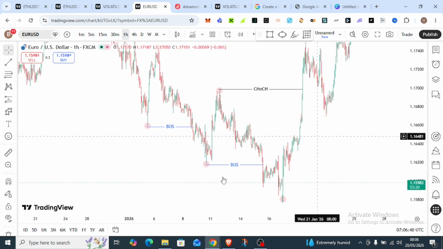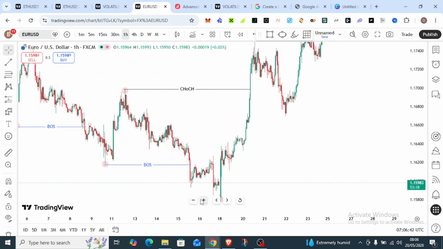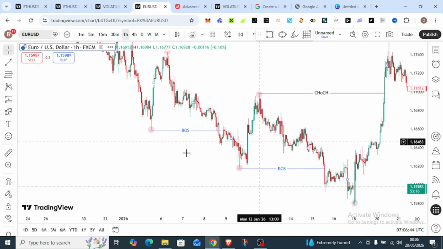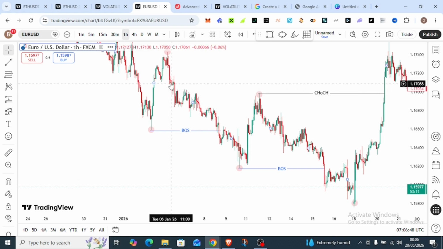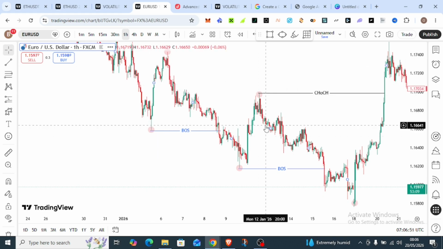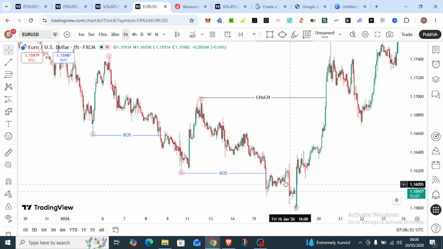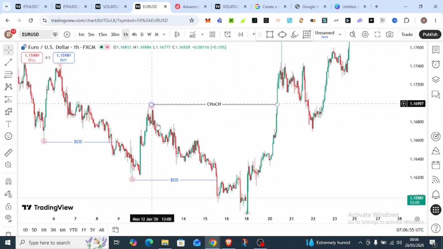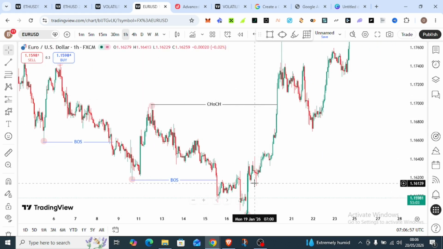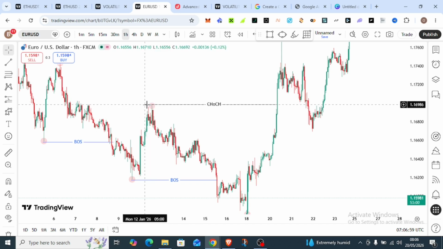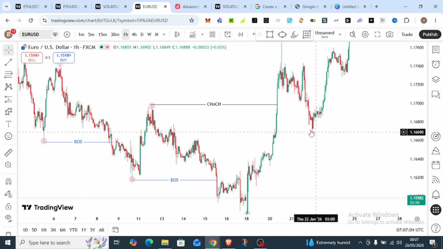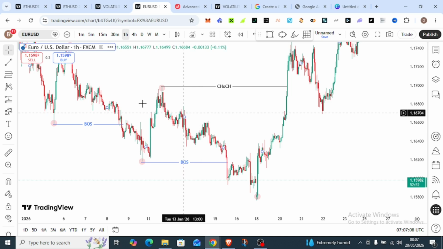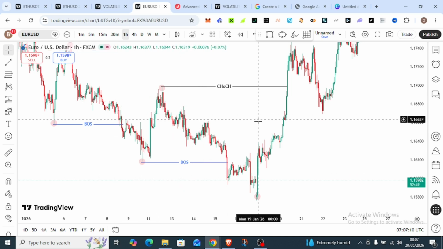Here now we have another example where you have a series of lower high, lower low, lower high, lower low. And all of a sudden, you see that this move took out the lower high here, forming this bullish change of character.